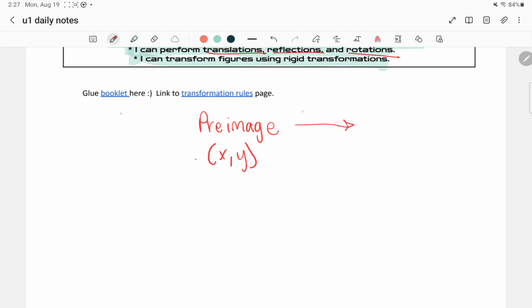There will be an arrow that represents the transformation. Whether that's a translation, reflection, or a rotation depends on what we're talking about in the moment. And that goes to the image after the transformation has taken place.